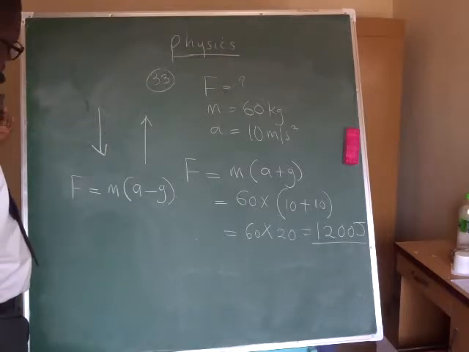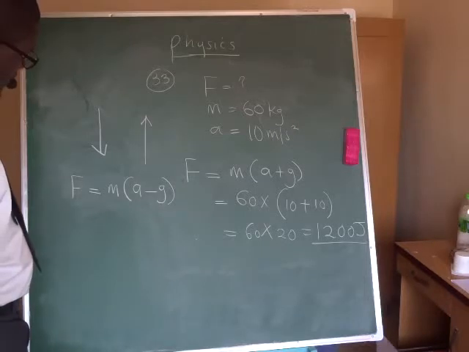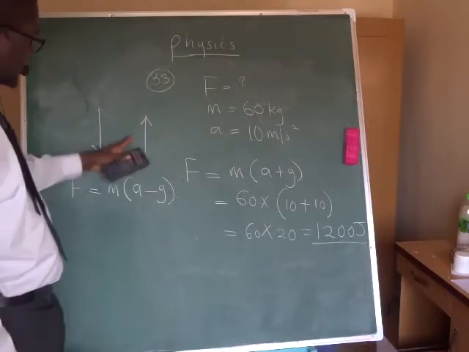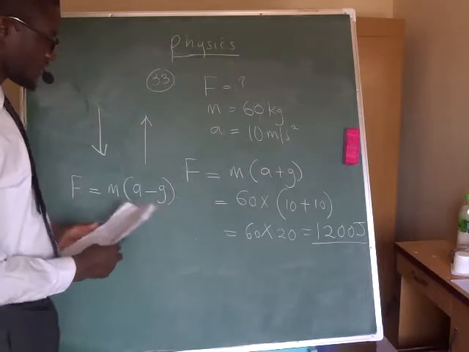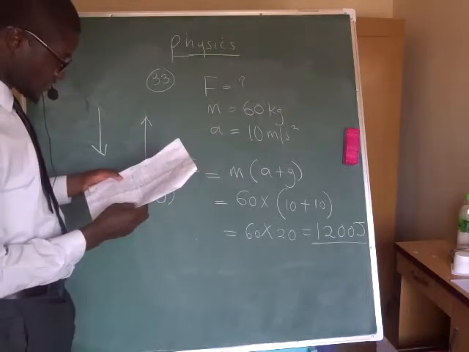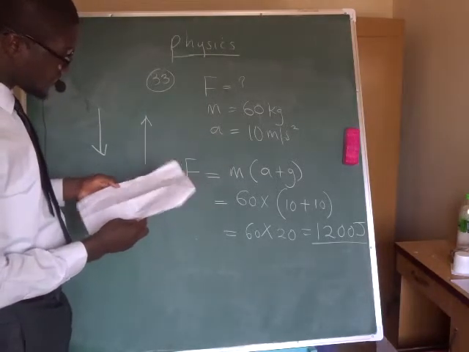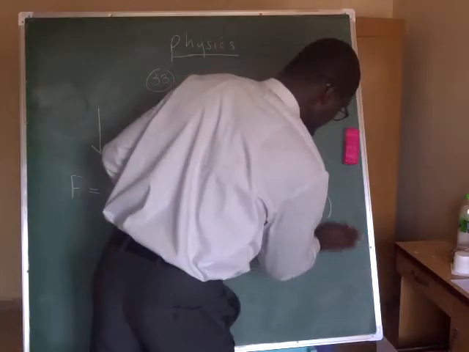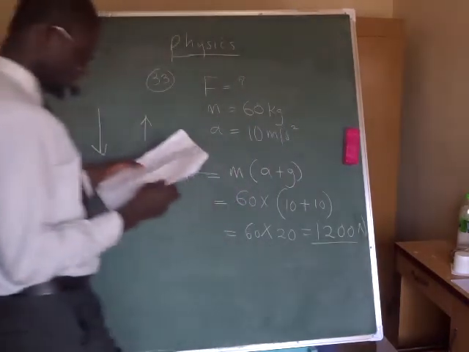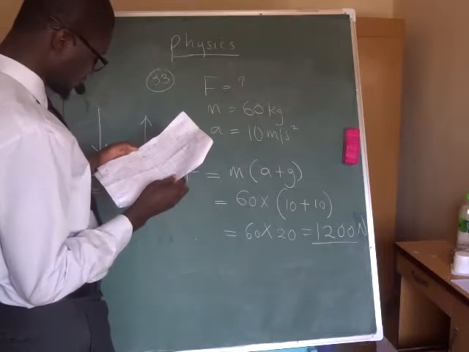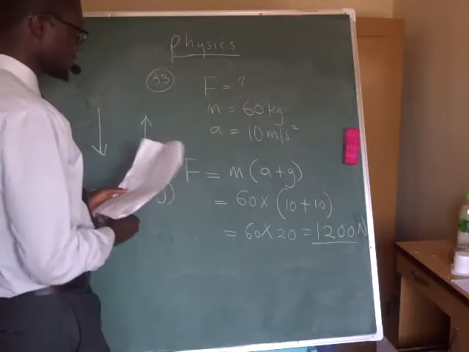But because they say it is moving upwards, we use this formula, and our answer is 1,200 joules. Sorry, newtons is force. 1,200 newtons. So for 33, the answer is option B.